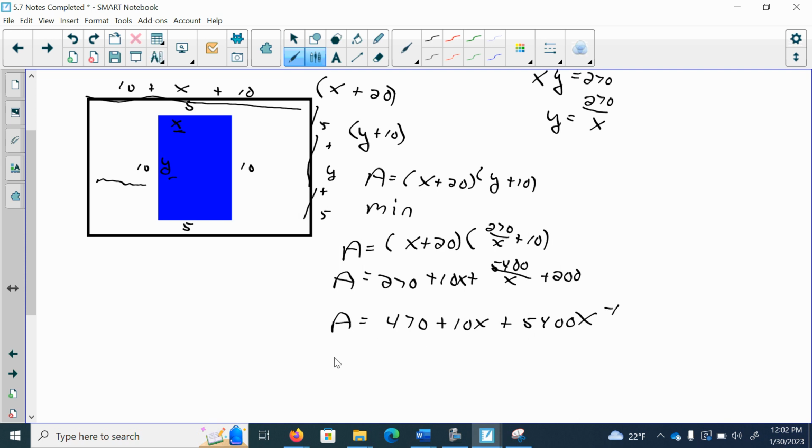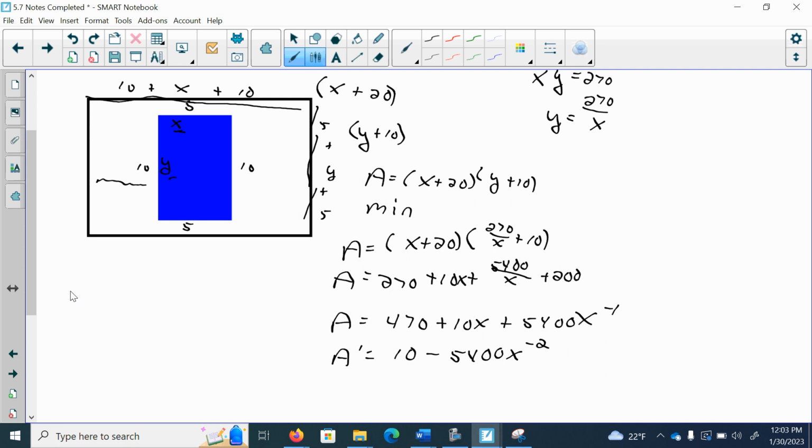Now I'm going to go ahead and take the derivative so I can optimize this. Remember, I'm looking for a minimum. So the derivative of 470 is 0. The derivative of 10x will just be 10. Then I'm going to take the negative 1 times the 5,400 and get a negative 5,400. X reduces power by 1, so this will be raised to the negative 2 power.